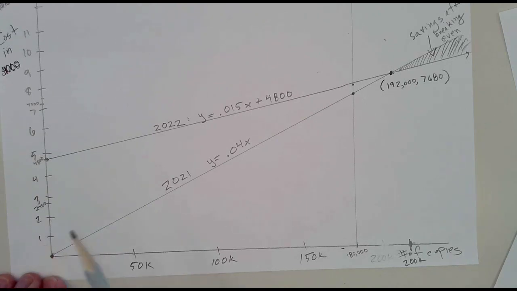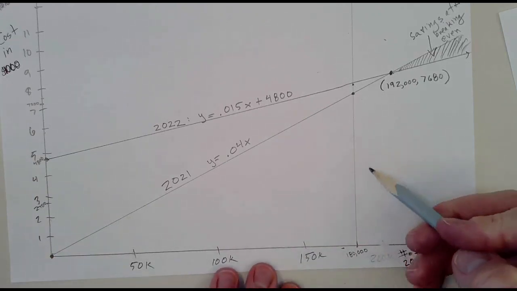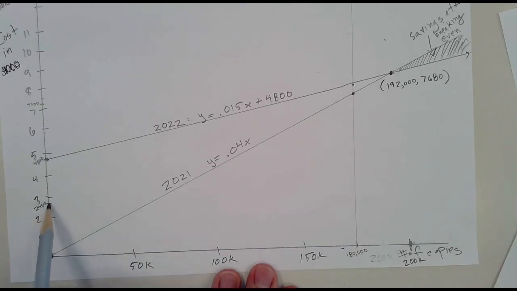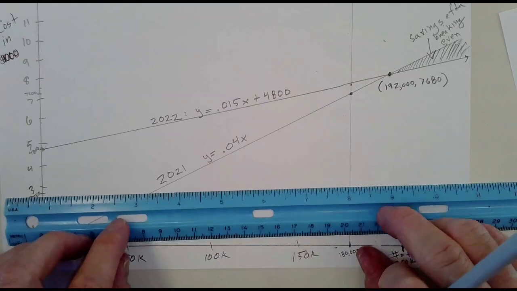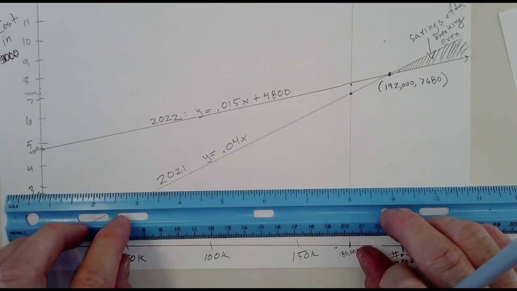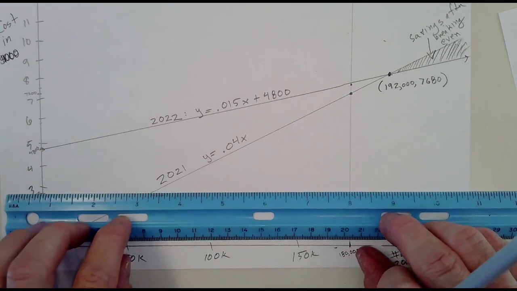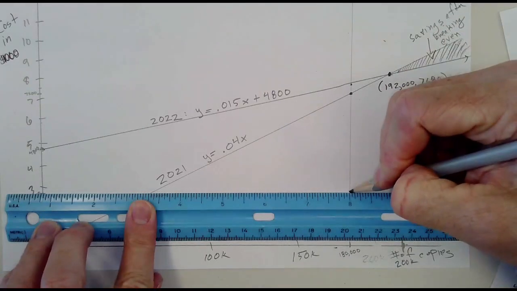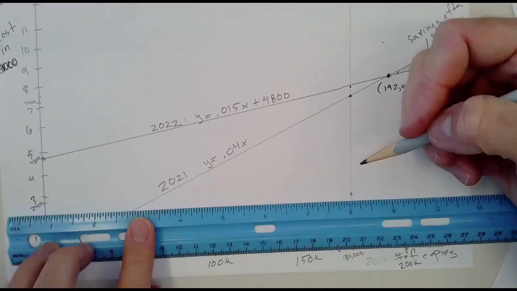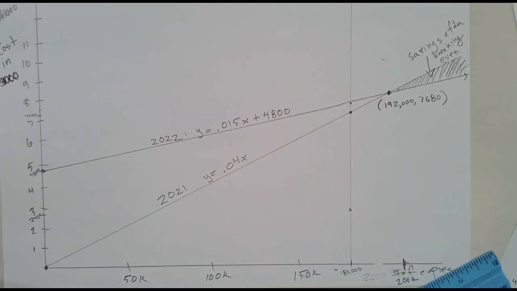So 180,000 copies is going to cost us $2,700. So let's just carry that line over here, and we'll draw that. Finish our graph. But we have our 2 points.